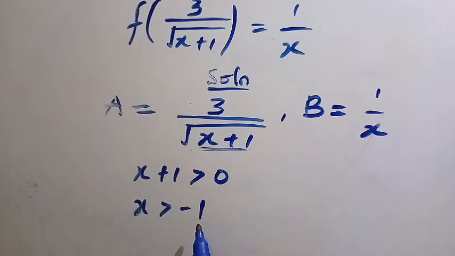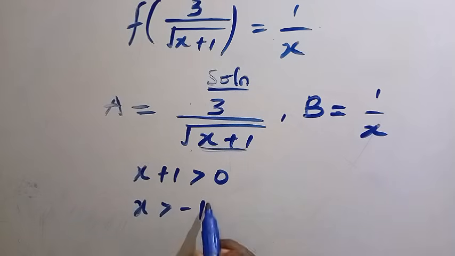Again, we can give this a general form using brackets, or let's say the inequality form. So we have numbers starting from 0 to infinity, and the number -1 cannot be part of this.